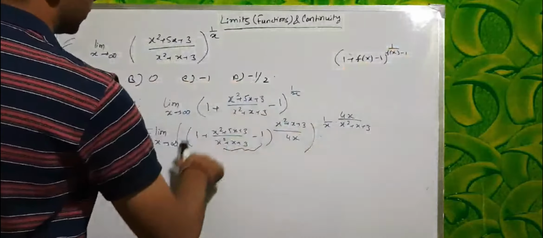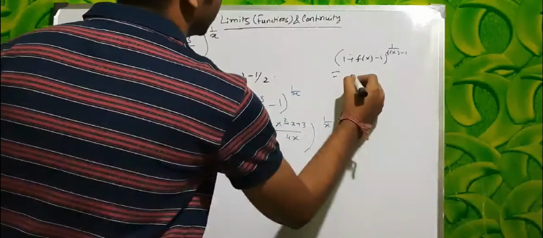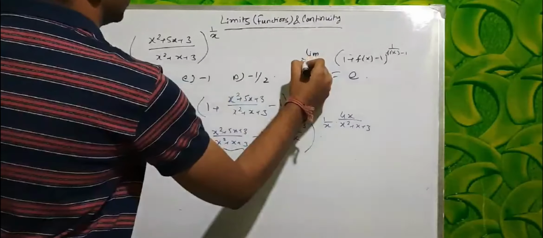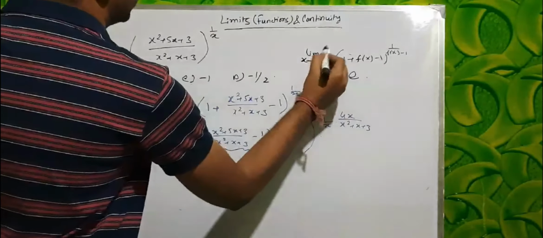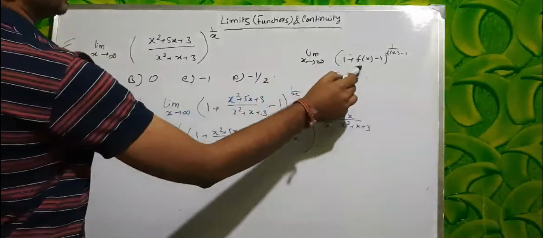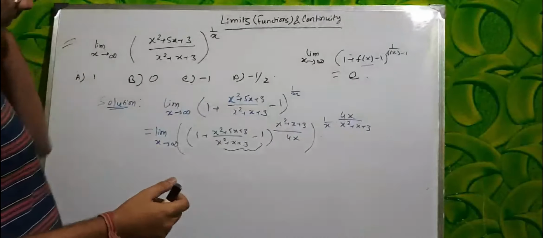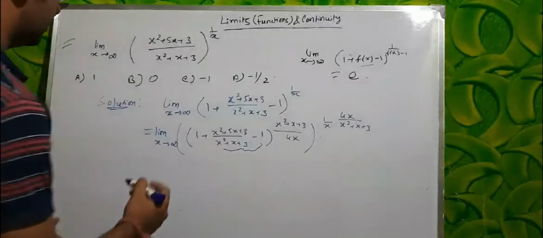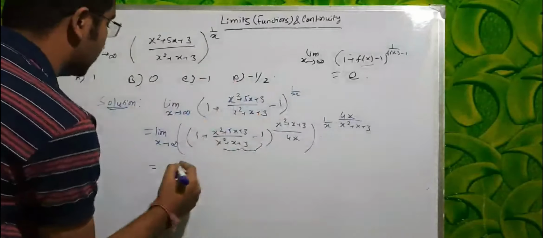So see this portion, this is similar to the limit we know is e, as x tends to infinity, when f(x) is equal to 1. So we can write here this and move the limit over here.